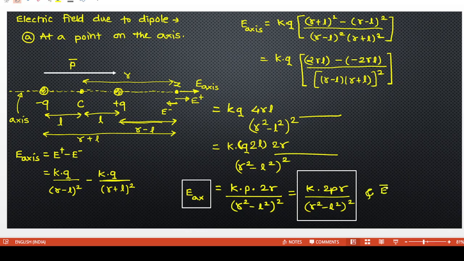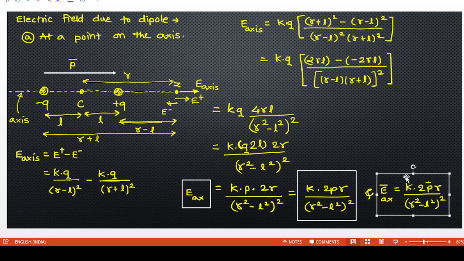E bar is equal to k 2PR, but P will be converted to P bar, upon (r square minus L square) square. So this is our vector form. Electric field at a point on the axis will be in the same direction as that of the dipole moment.